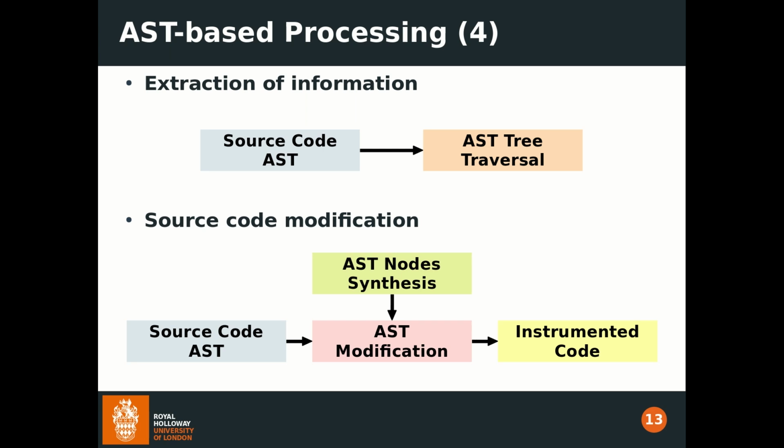In a nutshell, this is what we do. We combine the information extracted from the AST with the infrastructure code, and then we modify the original AST by adding new synthesized AST nodes. This is what we call code synthesis and injection, which is the key step to instrumenting the code under test.